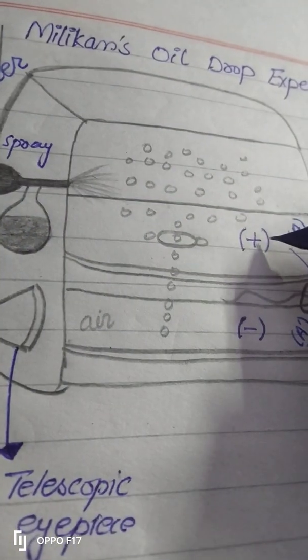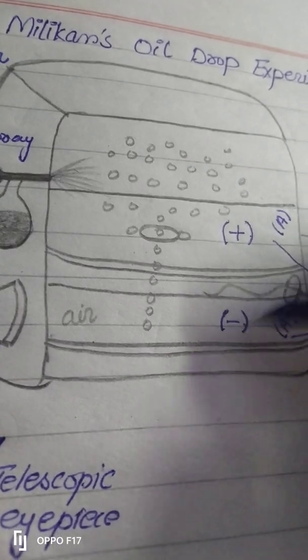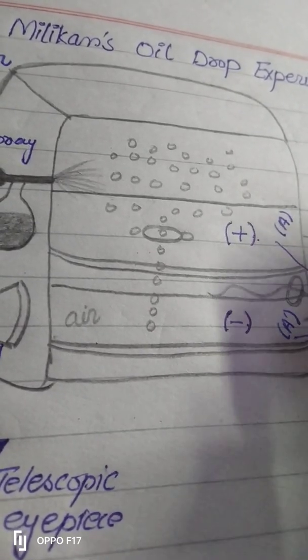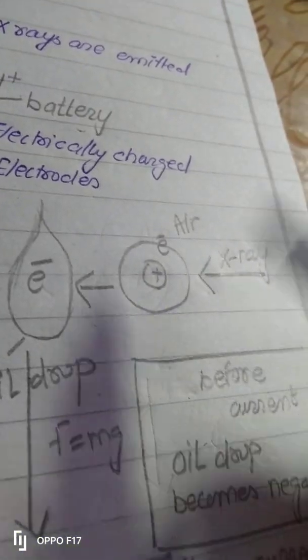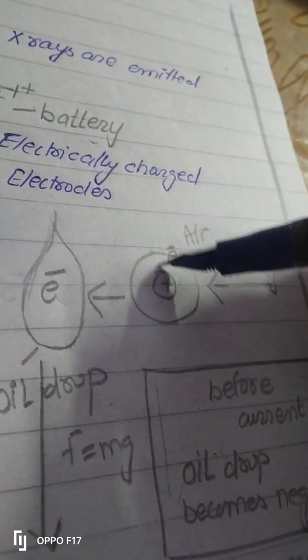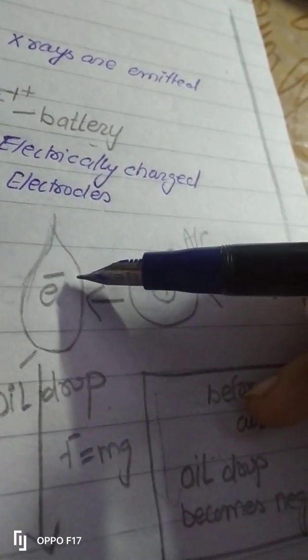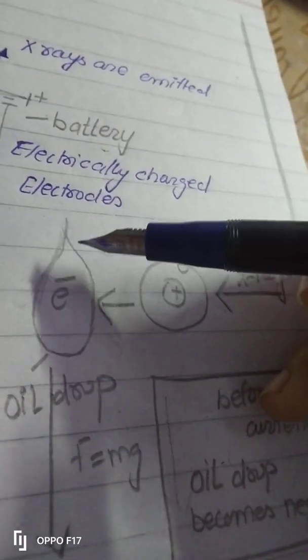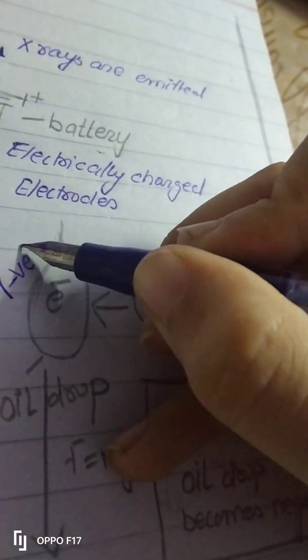So what happened when we connected the electrodes with the battery? One became positive and the other became negative. These are the electrodes, positive and negative. This is now the anode, this is the cathode. Okay, now look at this again. When the X-ray hit the air particle and the electron knocked off the atom, the electron joined with the oil drop, and so the oil drop became negative.